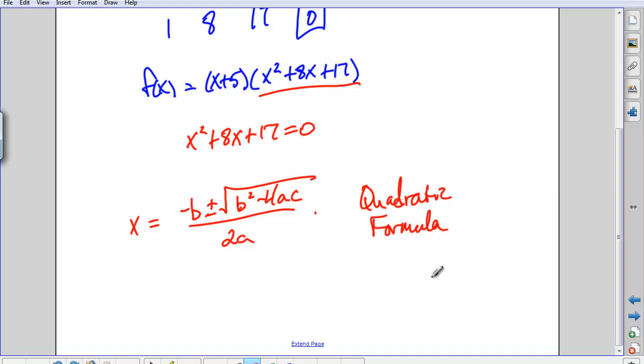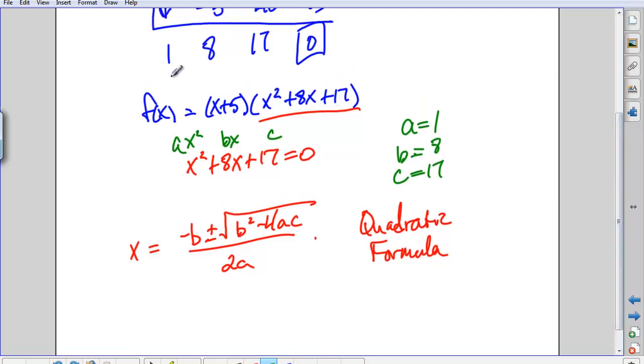This is something that you got to use from time to time on these. If you can't factor it, then it just falls back on the quadratic formula. We need to know the values of a, b, and c. So remember, this is a, x squared, b, x, and c. So a is 1, b is 8, c is 17. Notice that's the same as a, b, and c on that synthetic division, just those coefficients.